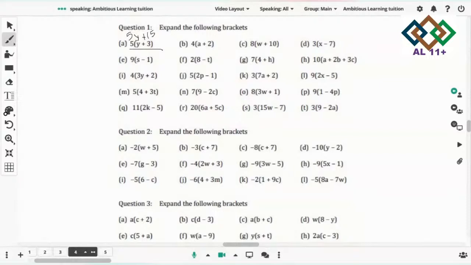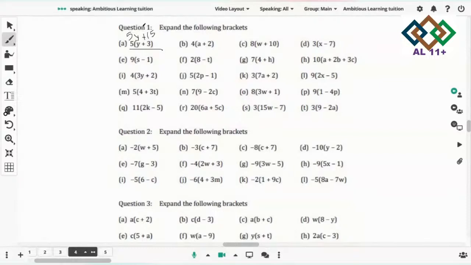So try opening the brackets. When you open the brackets, you are multiplying. So remember, you can't just open the bracket. I've done plus, I've not done minus. It's 5y plus 15.